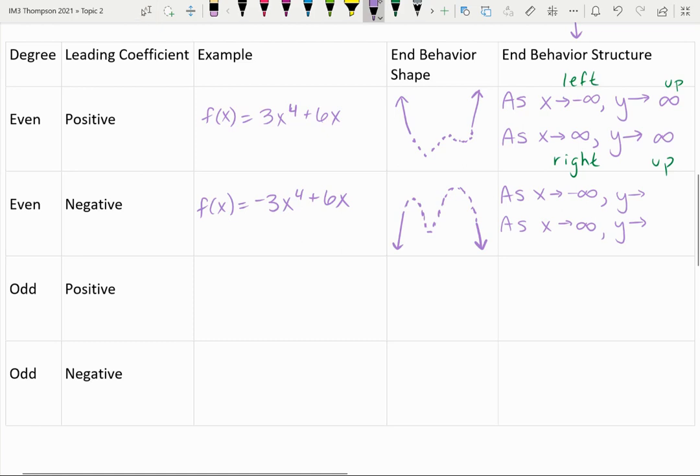So down will be represented by negative infinity because we're talking about y. As x goes to infinity, so for the x-axis, infinity is positive, so I'm going to go to the right. What happens to the y? What happens vertically? It goes down.